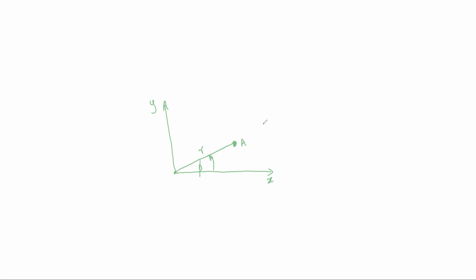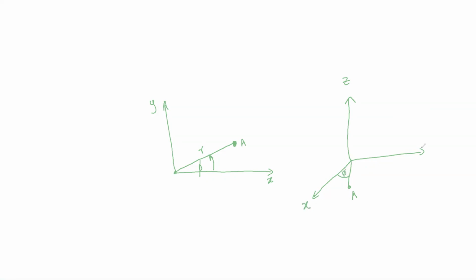On top of this, now we are adding the z axis. Now we will draw the diagram like this. Same thing, the only difference is we are adding the z axis, and the point that we are considering could be somewhere here, A. That point will have an angle of phi from the x-axis.